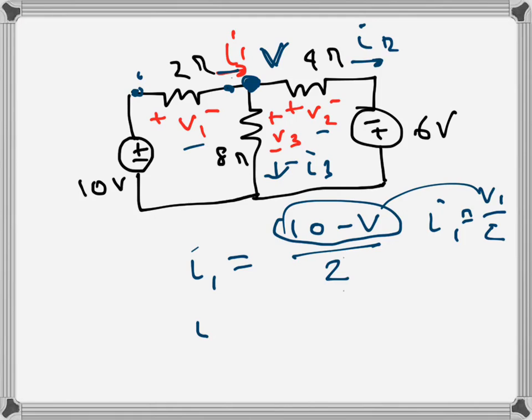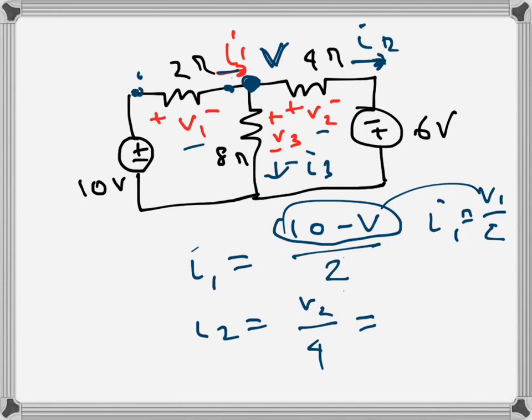Similarly, if we write I2, I2 is going in this direction, so that will of course be V2 over 4. V2 is the drop across the 4 ohm resistance, so voltage drop divided by resistance will be the current.